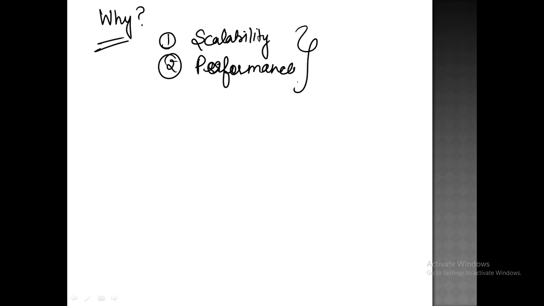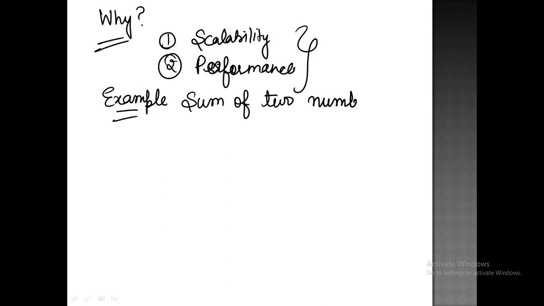Now, next, we can take one example of an algorithm, how to write an algorithm. If you want to find the sum of two numbers through any programming language, these steps should be followed.